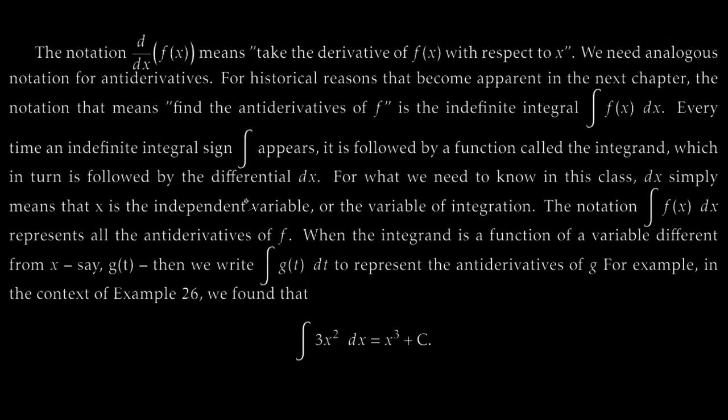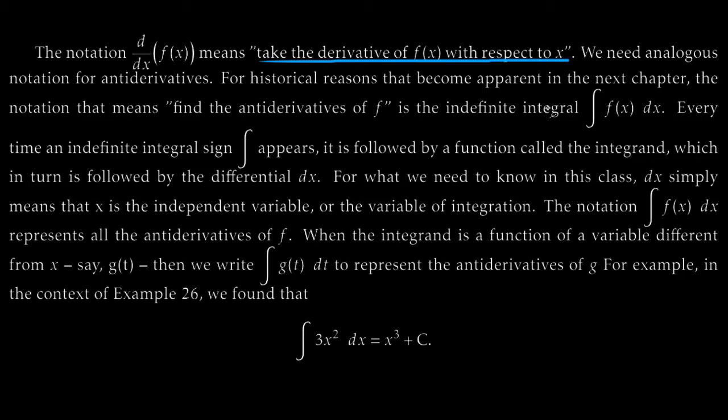Okay, so the notation we'll use here is a little bit unfamiliar. So when we wrote d dx of f of x, that meant take the derivative of f of x with respect to x. We need an analogous notation to handle antidifferentiation.